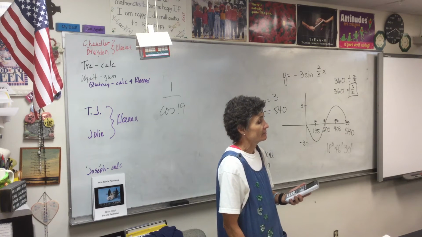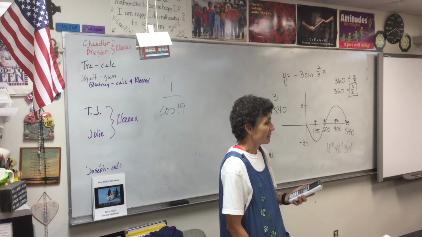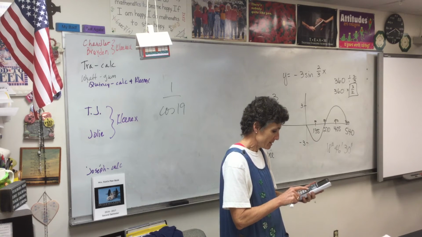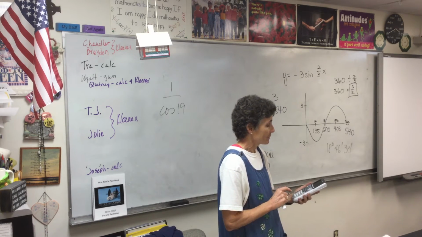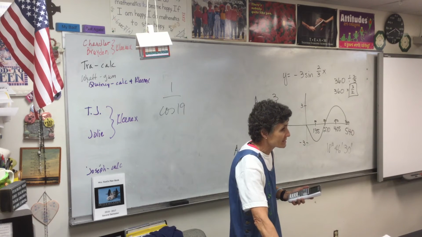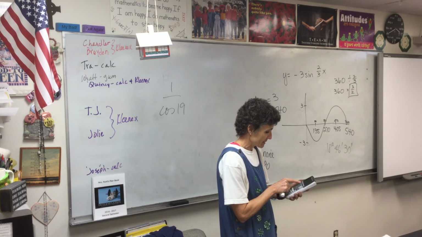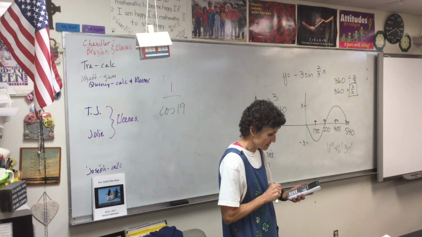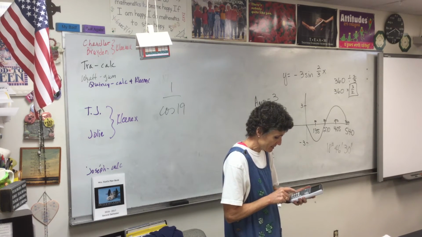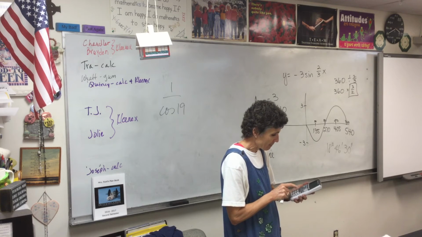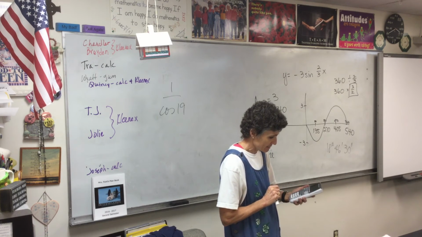F is a cosecant. How do I type a cosecant in on my calculator? 1 divided by sine. Now I got to put all that stuff in. 15, second apps, degrees. 19, second apps. Go down and get minutes.